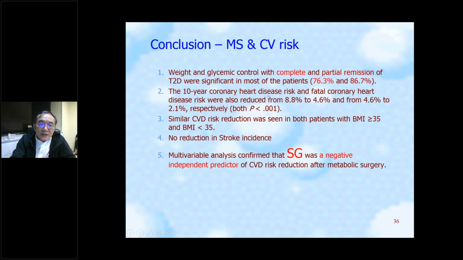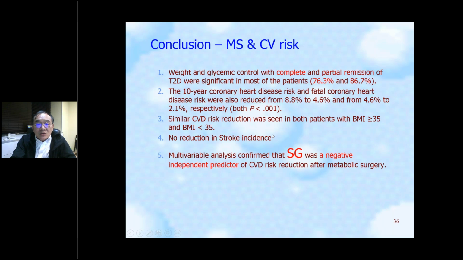And the 10-year coronary heart disease risk is reduced from 8.8% to 4.6%. And the fatal coronary heart disease risk decreased from 4.6% to 2.1%, about 50% reduction. And a similar CVD reduction was seen in both the bariatric surgery group as well as metabolic surgery for those with BMI less than 35. However, no reduction in stroke incidence.